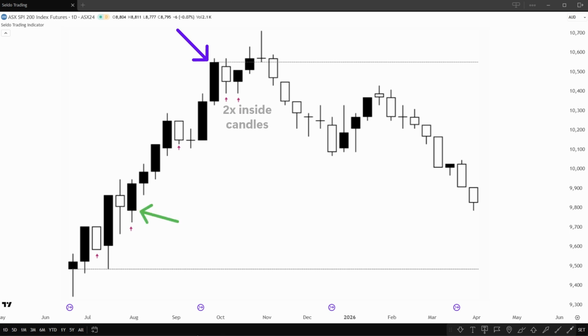2 consecutive inside bars is a very common pattern that can appear anywhere in a trend. If it appears late after a long directional run, it often represents the final consolidation. It's a trap for traders. Price may attempt to break in the direction of the trend, but the move is too extended to hold.